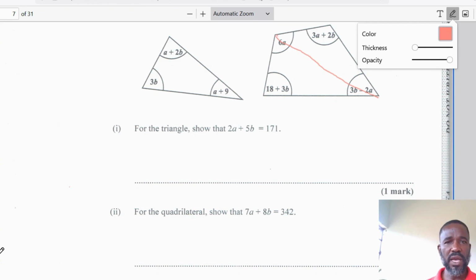Okay, so again, applying the same concept as we did before, we are going to add all the angles.